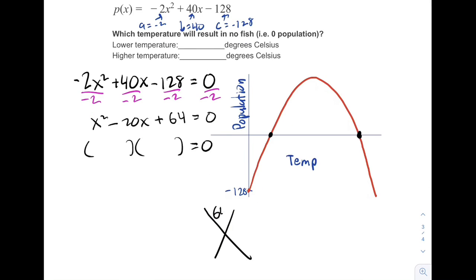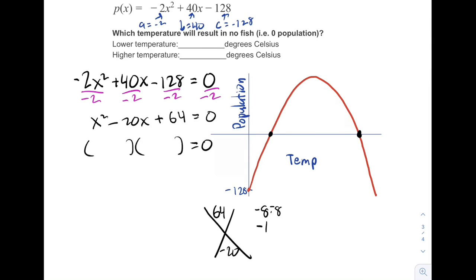For this one, we can use the x factor. 64 on the top, -20 on the bottom: two factors that multiply to 64 and add to negative 20. There are different ones. Let's try 8 times 8. That doesn't work, it doesn't add to negative 20. You find other factors of 64.